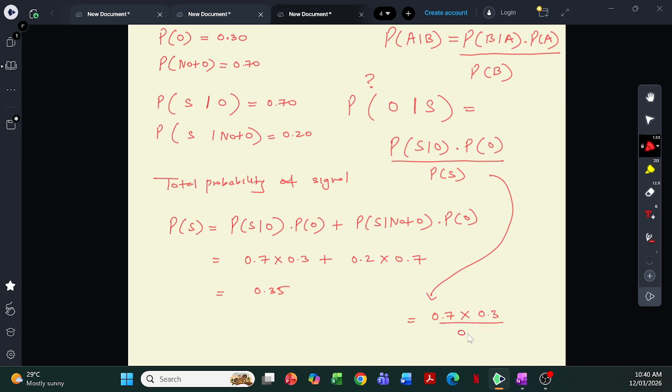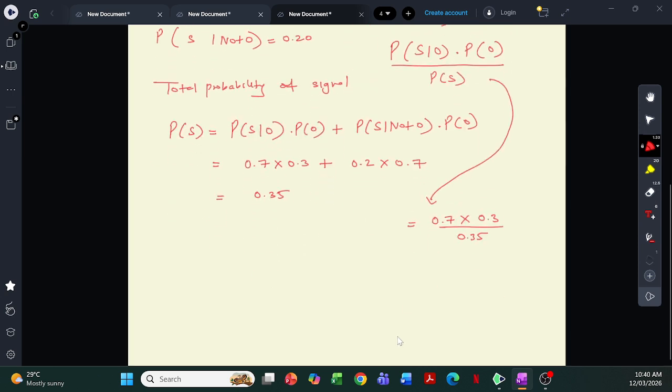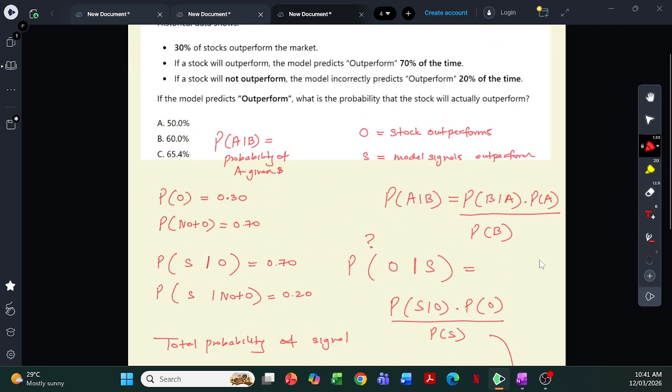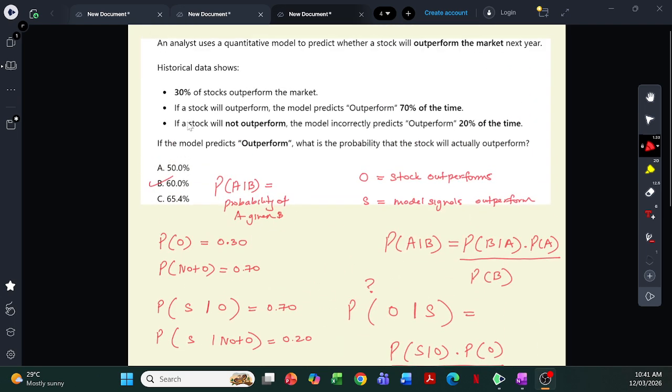Then this is going to be 0.35. Okay, that's what I believe would be the way that we'll solve this answer. 0.7 times 0.3 divided by 0.35. So this is going to be 0.21 divided by 0.35, which is equal to 0.6 or 60%. Okay, so the answer would be B, 60%.